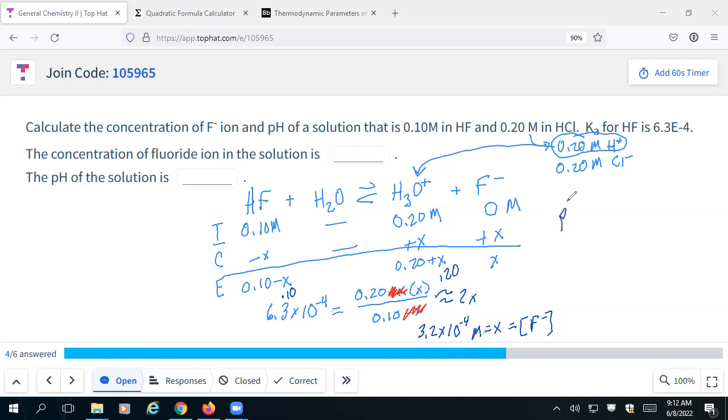So the pH would be equal to the negative log of the hydronium concentration, which is 0.20. Which to two decimal places would be 0.70.